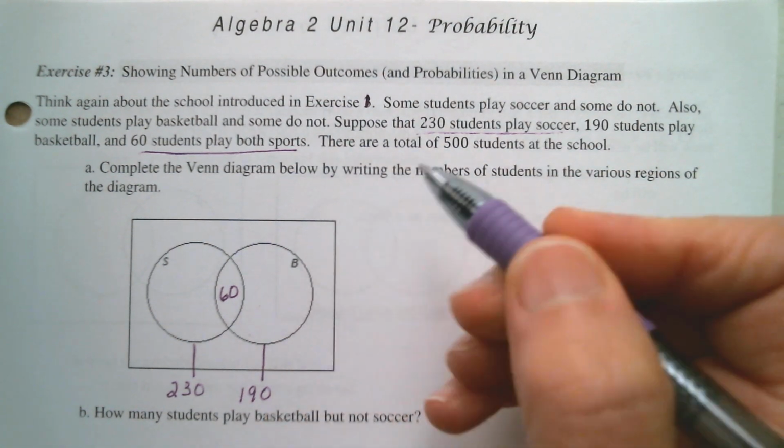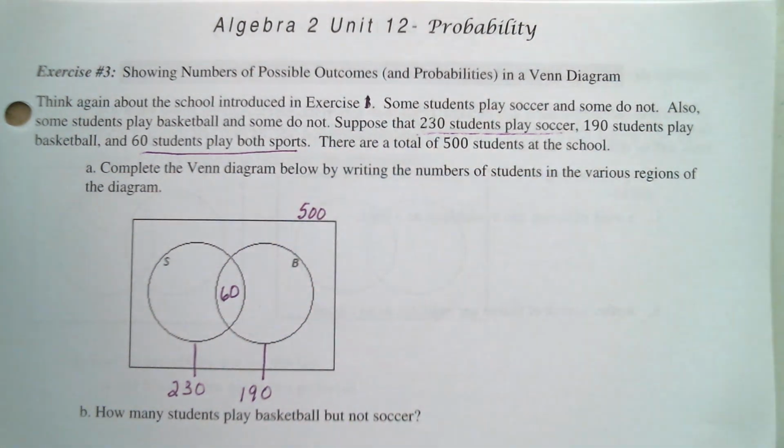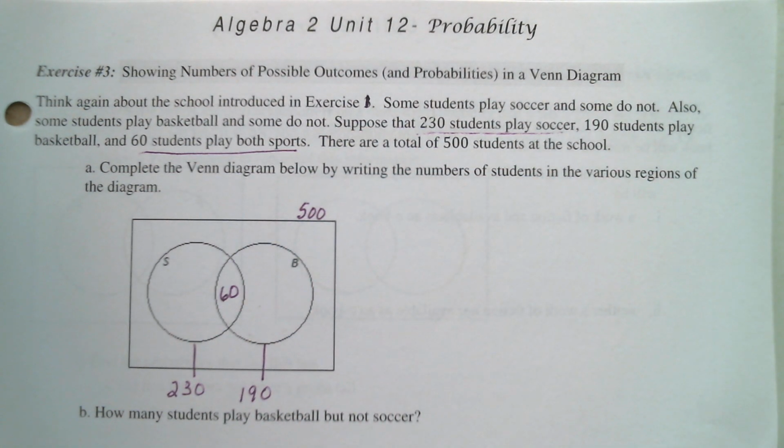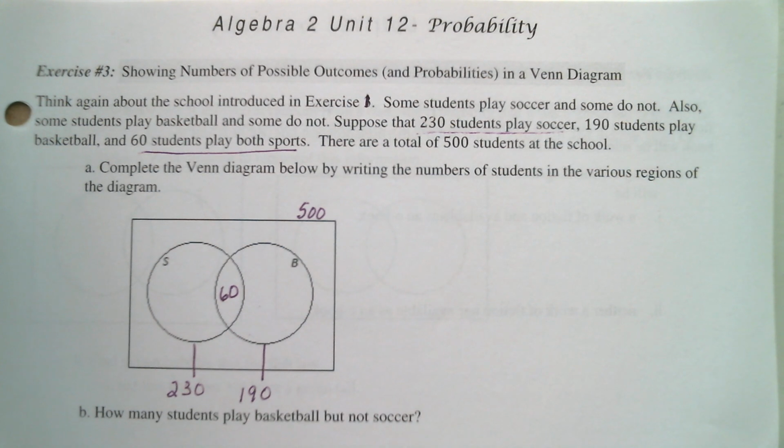So the upper, just my habit, the upper right-hand corner, there's 500 students total. So if we would add everything inside the circles and outside, it would have to total 500. Complete the Venn diagram below by writing the numbers of students in various regions of the diagram. Okay.